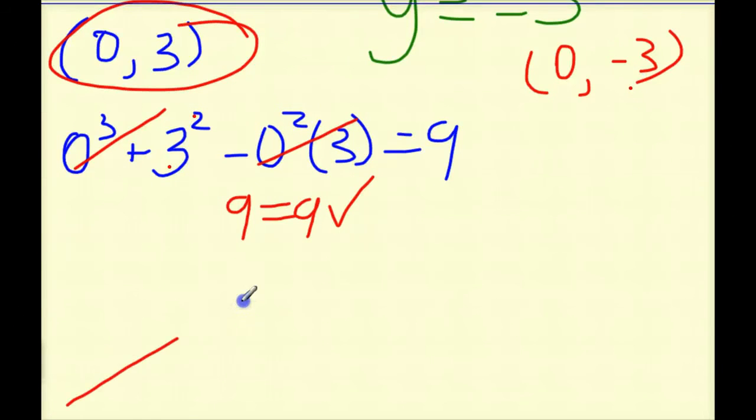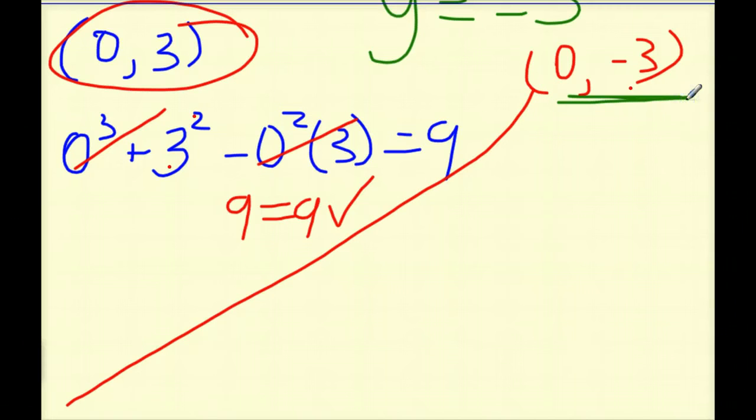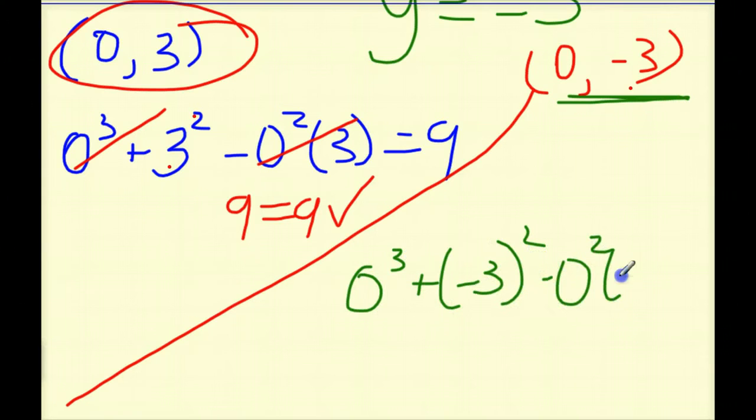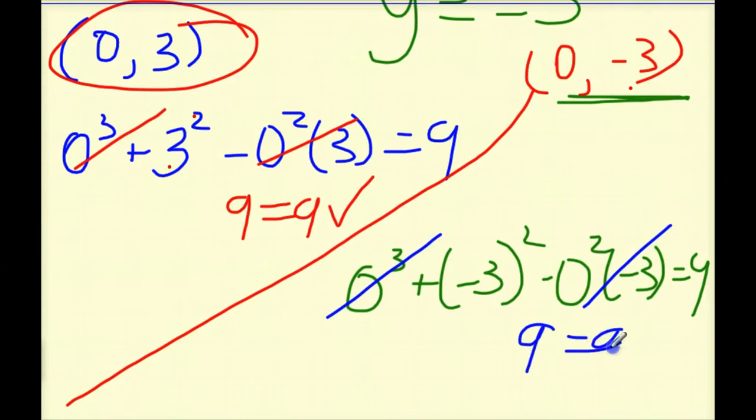I should have used a different color. So let's split this, and I'm going to write this one in green. So I get 0 cubed plus negative 3 squared minus 0 squared times negative 3 is equal to 9. Once again, this cancels and this cancels. Negative 3 squared is 9, which is equal to 9. So we know that this also exists.